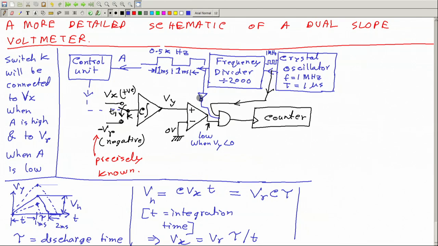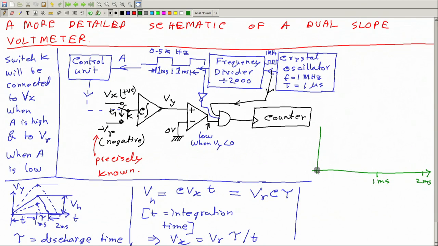Okay, so let me draw it bigger. The same diagram I will draw bigger, as big as I can draw here. So this is 1 millisecond, this is 2 millisecond.